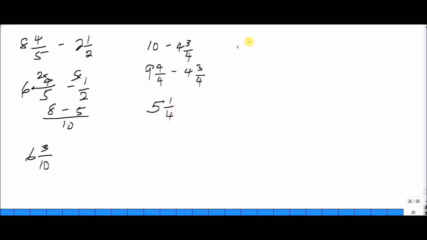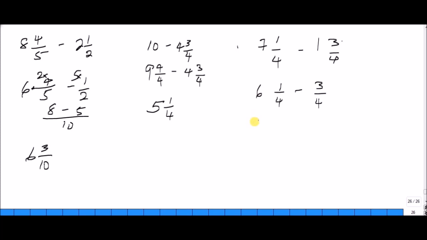They gave us another example, example C. We have 7 and 1/4 minus 1 3/4. So 1 from 7 would leave us with 6, and we have a quarter minus 3/4. We have a problem here in that we can't take 3 from 1.